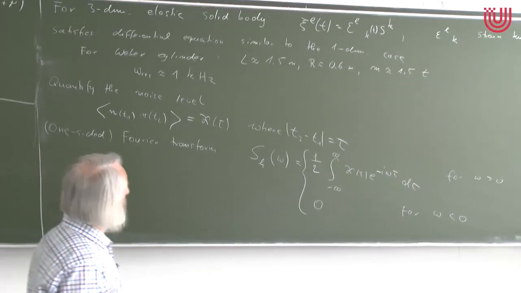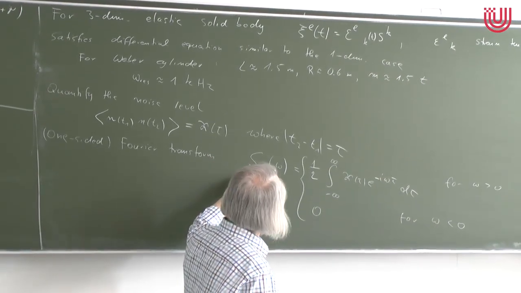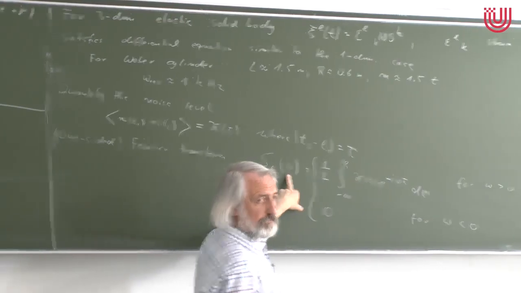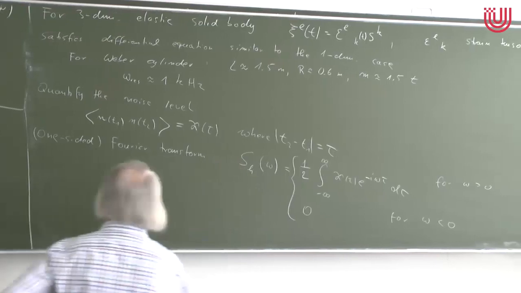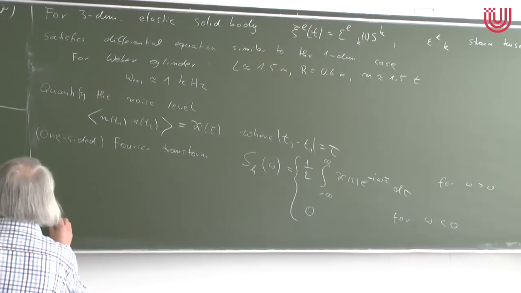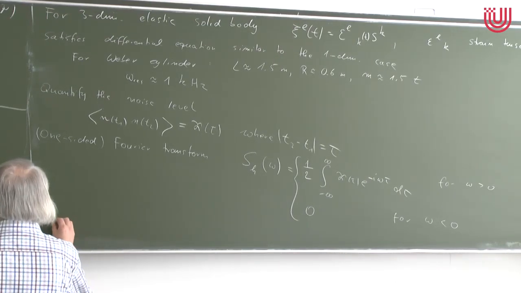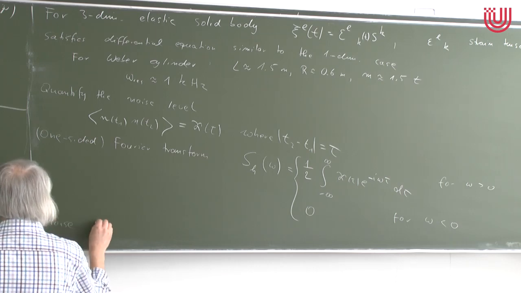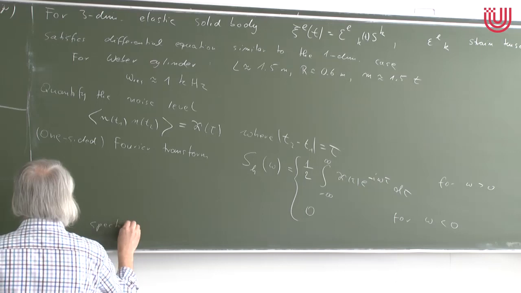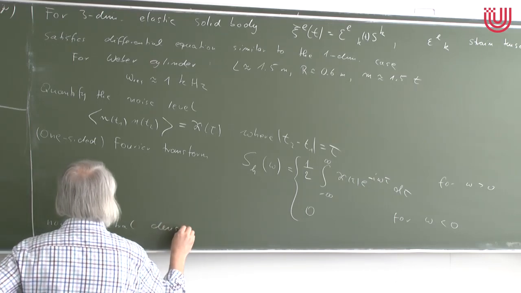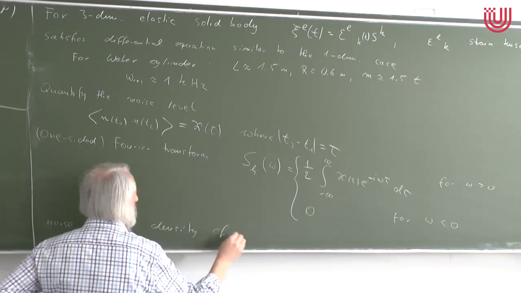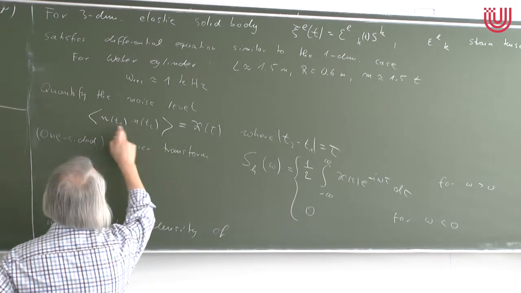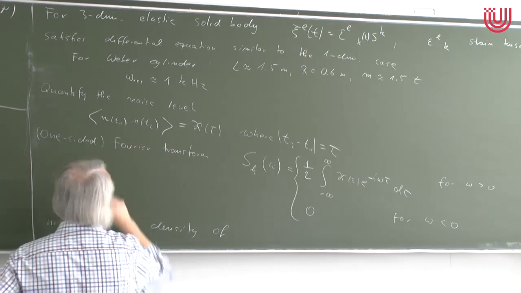This quantity is a measure of how the noise depends on the frequency, and it is called the noise spectral density of the strain. The quantity which we are evaluating here is a strain; these are measurements of the strain.